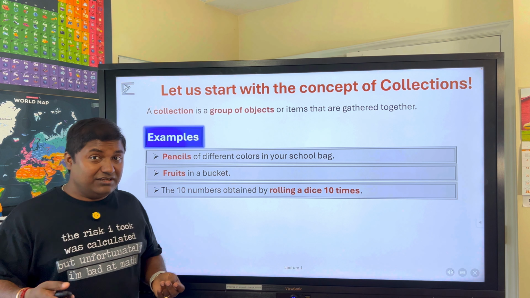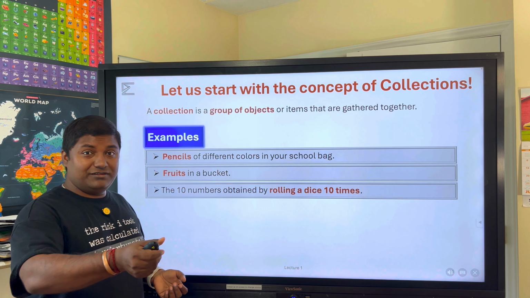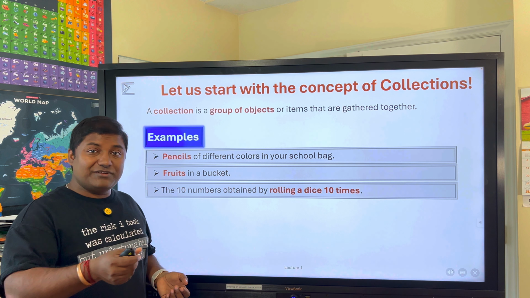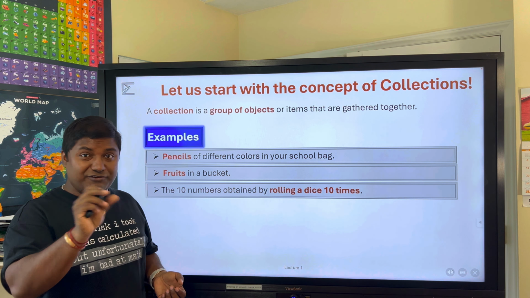One more example, I don't know about you guys, but when I was a kid, I loved playing Ludo. Right now, probably you do also play, but since technology has advanced, you probably play on your phone. But in my time, I used to play on a board. So in Ludo, what happens? You take a dice, you roll it, and it gives you some number, right? There are 6 numbers written on different sides of the dice.